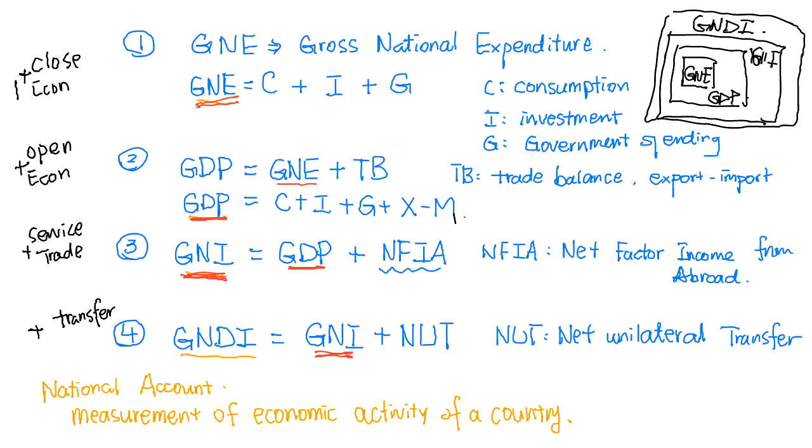Right? So I might give you a very simple table containing all the information in a small category. For example, consumption, investment, government spending, and then trade balances. Then you should be able to tell me what is the GDP and what is the GNE.